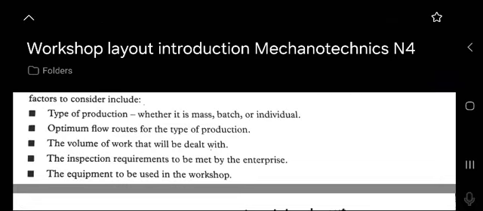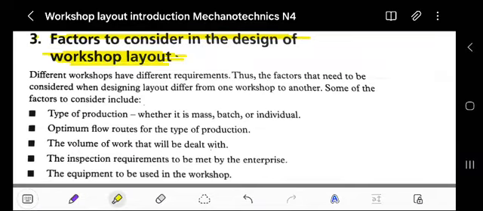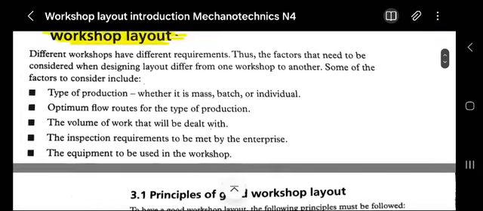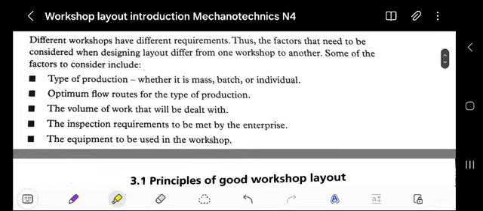Similarly, if you are doing this, you're supposed to have the design that you want. Different workshops have different requirements. Thus, factors that need to be considered when designing differ from one workshop to another.